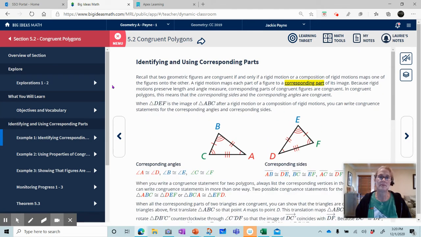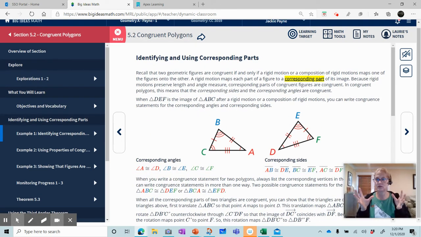First of all, basically, if you have two figures and they look exactly the same, if they are congruent, then the parts that are in the same place are exactly corresponding.